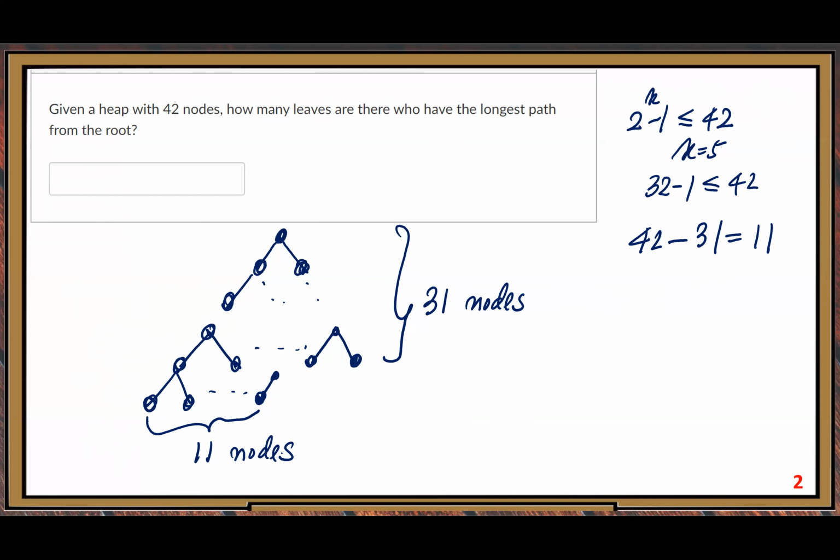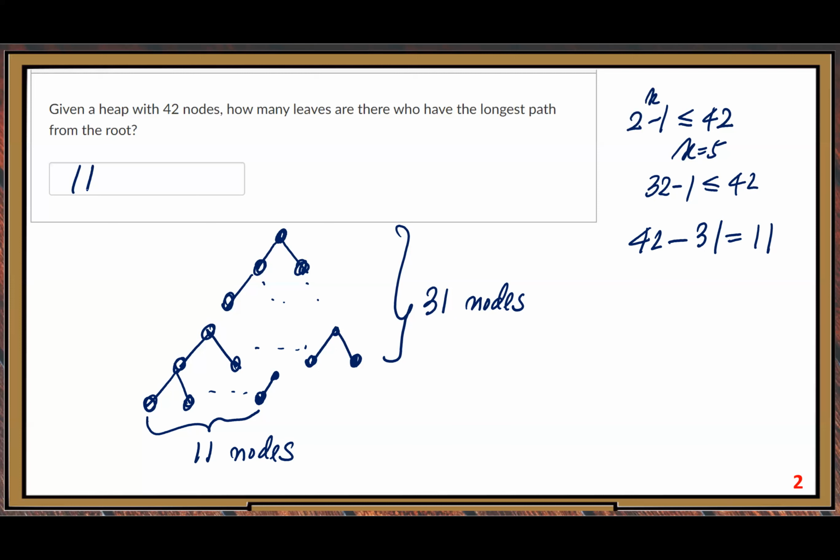So you know the answer. That's the longest, not those leaves. Those leaves are not the longest. These leaves are one less than the longest. So you can see the answer is 11. The calculation, we do like that.